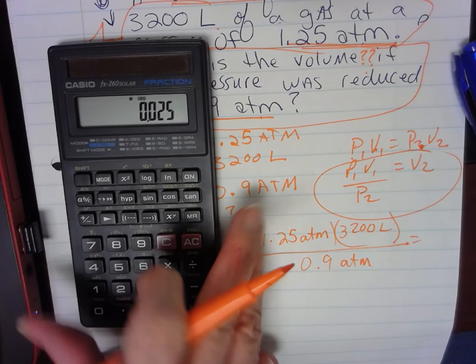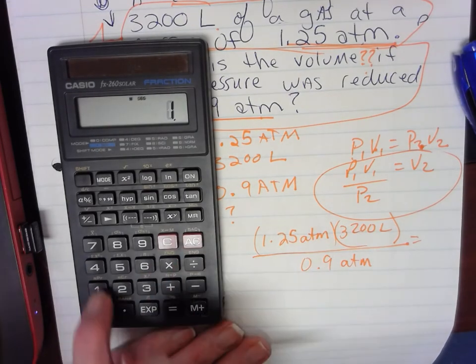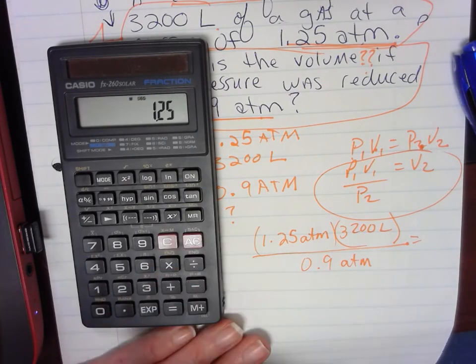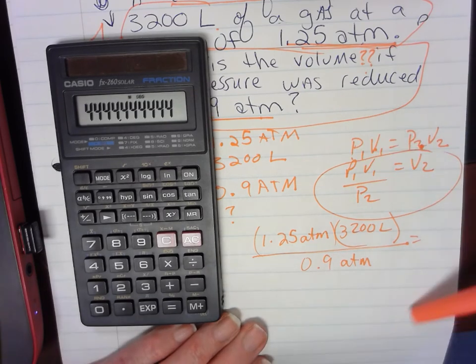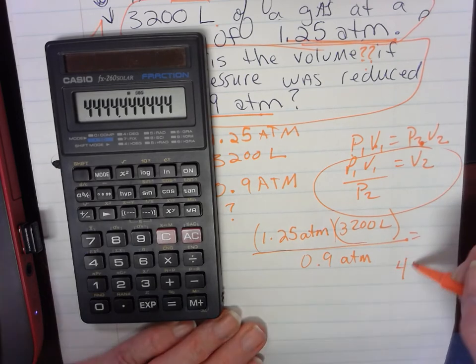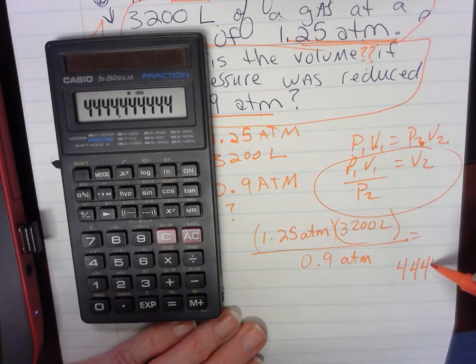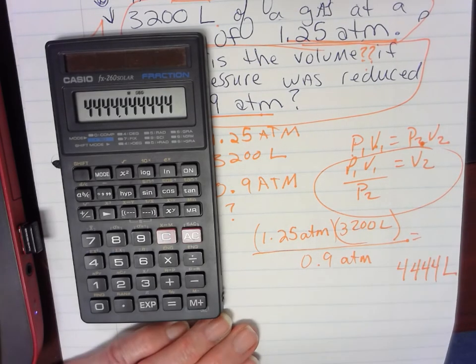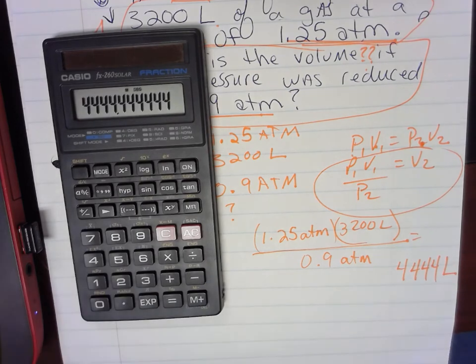So I take 1.25 times 3,200, divide that by 0.9, and in this case I get a pretty big volume. That tank is going to have to hold 4,444 liters. Okay, I rounded. It's actually going to have to hold 4,445 liters if we were to have a tank.